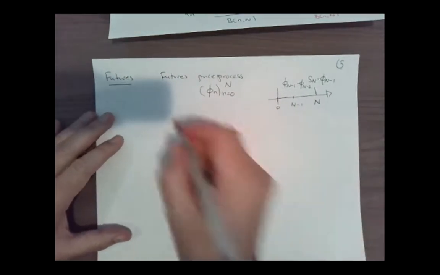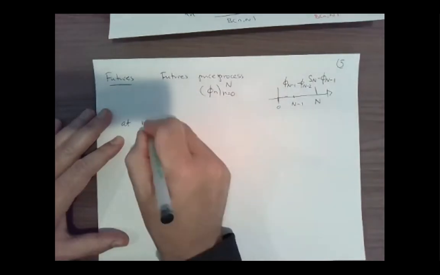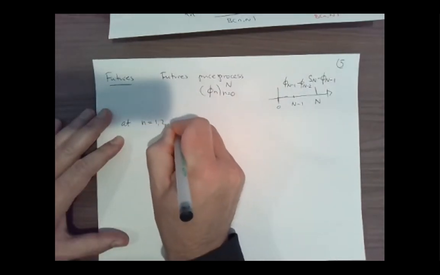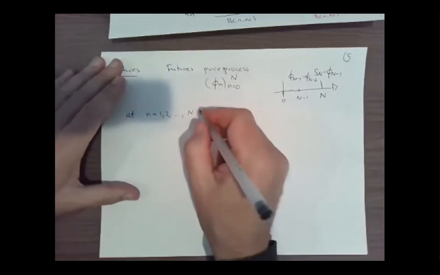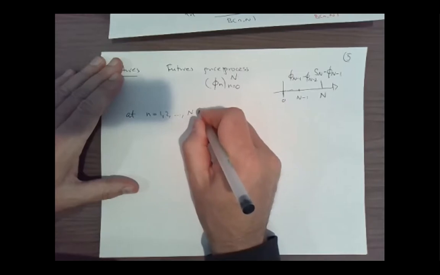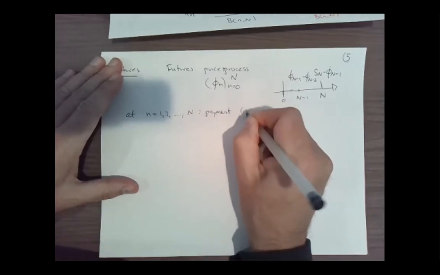So there will be payments at n equals 1, 2, up to capital N. This could be positive or negative.